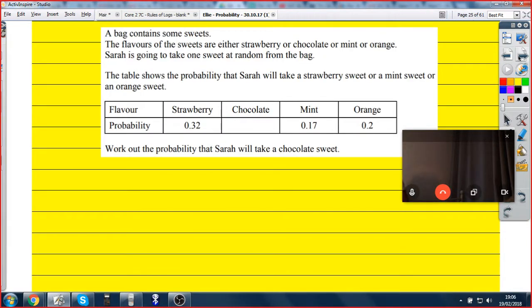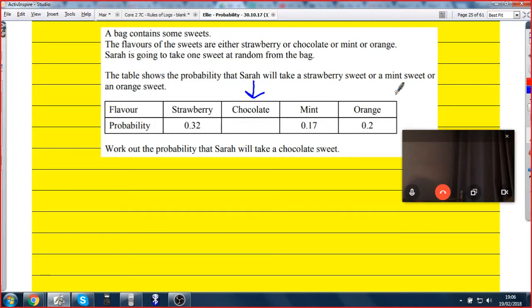Any idea how you find a missing probability? I'm not sure.